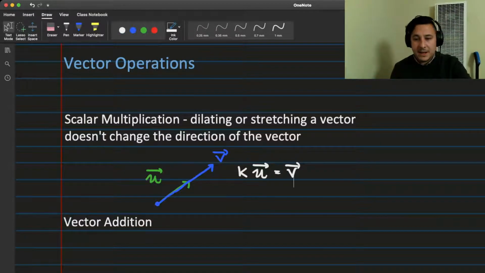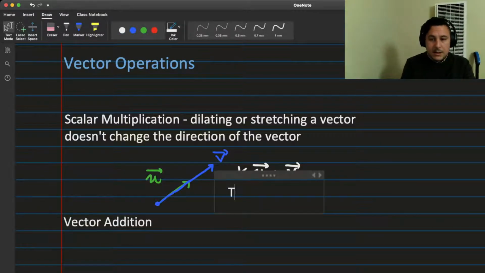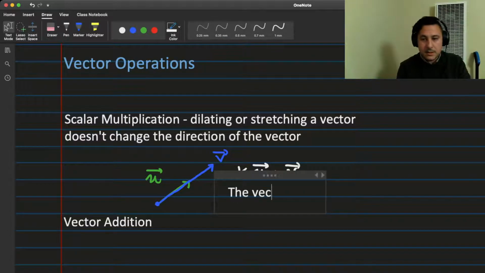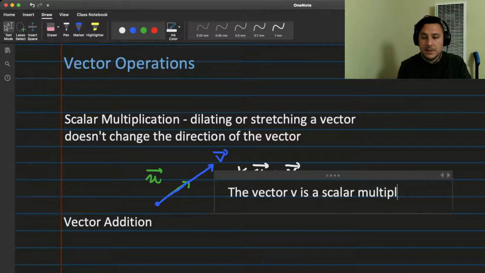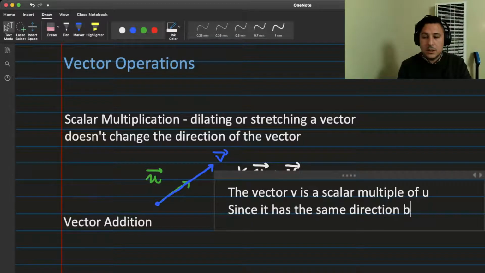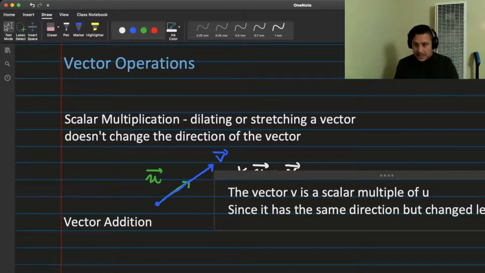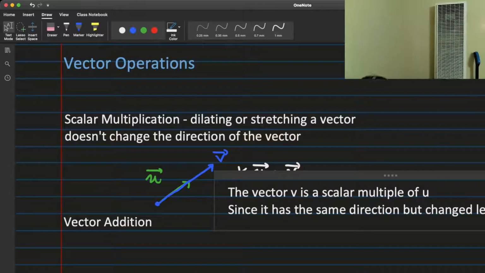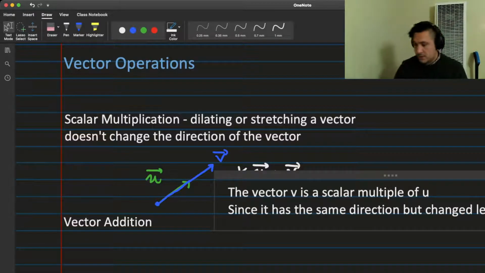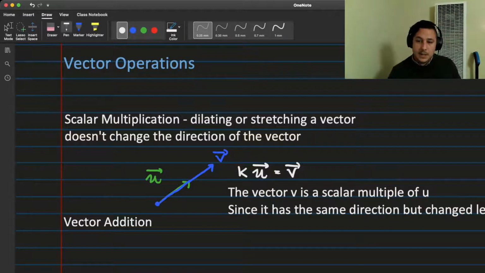So what we have here is the vector v is a scalar multiple of u, since it has the same direction but changed length. And the way we write that with an equation is this right here.